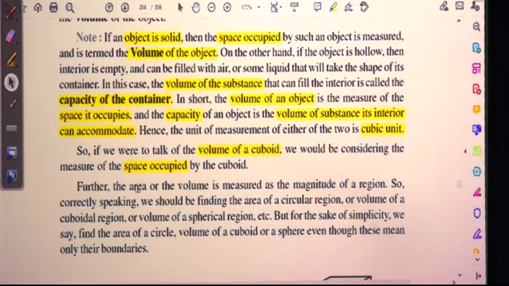Further, the area or the volume is measured as the magnitude of a region.